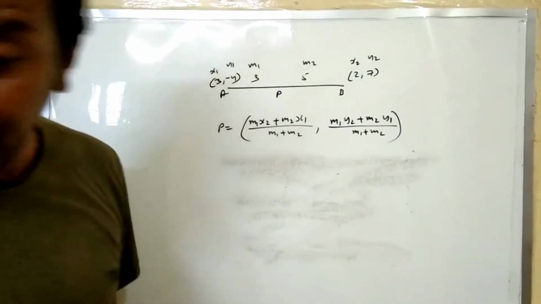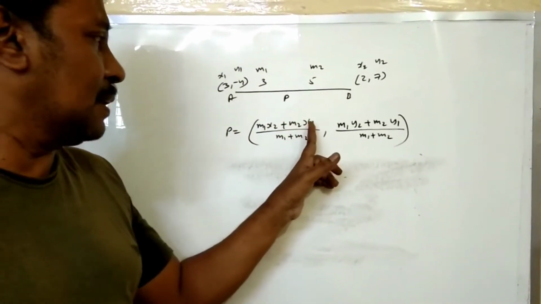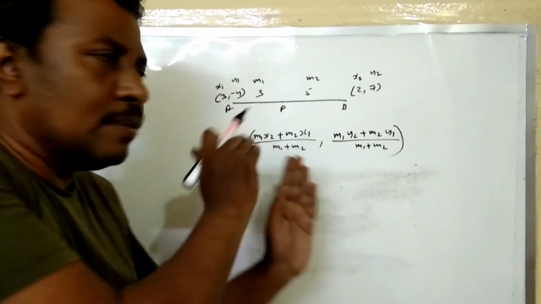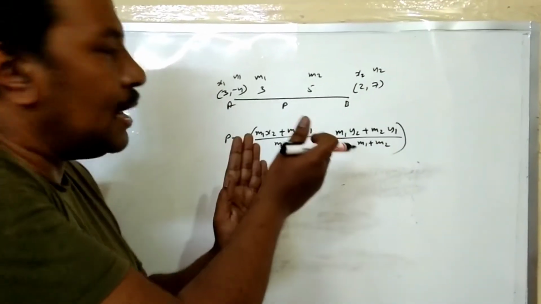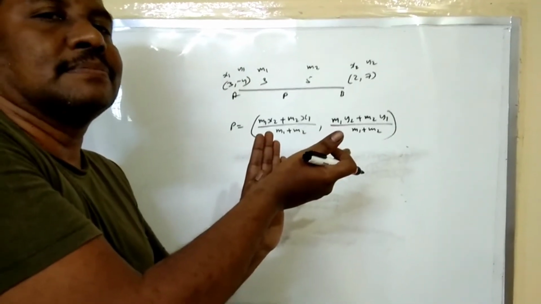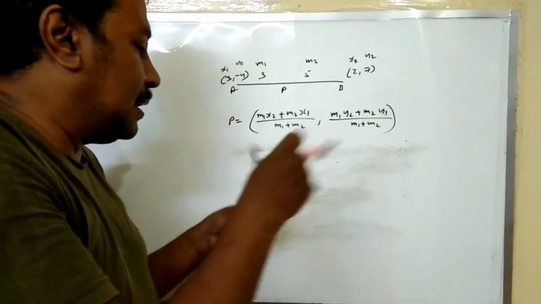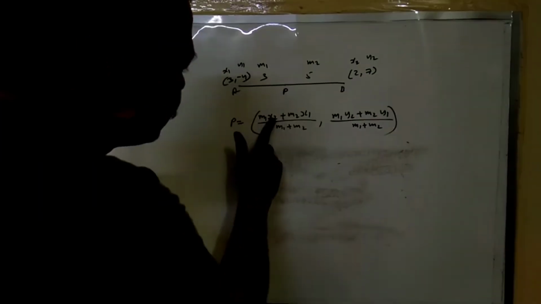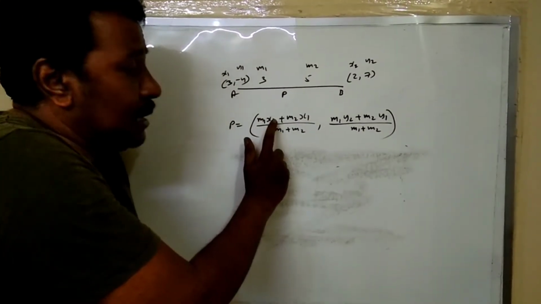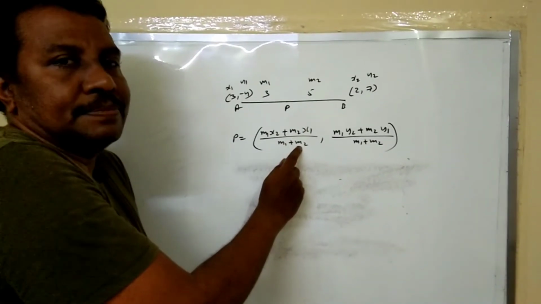I want to tell you one thing. Suppose you write m1 x2 plus m2 x1 by m1 plus m2. If by mistake you write it in reverse order, m2 x1 plus m1 x2 by m2 plus m1, it doesn't make any difference.